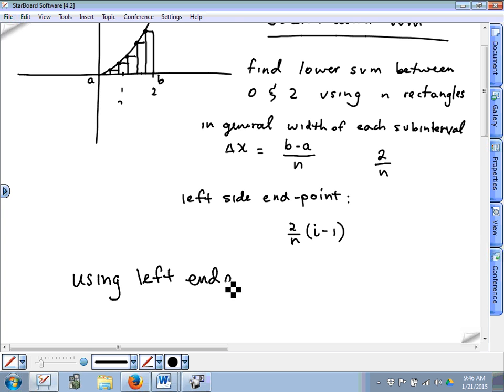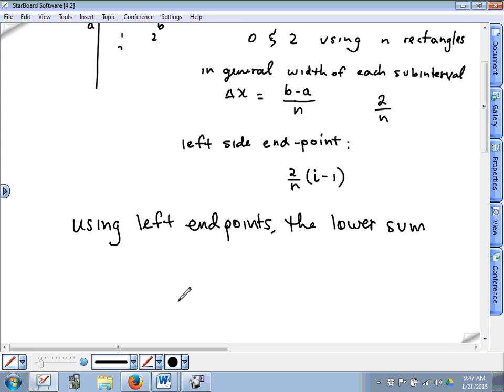Using left endpoints, the lower sum, we're going to use sigma notation. Now in the last example, we started from i equals 1 and we ended at 5 because there were 5 rectangles. How many rectangles here? n, so we're going from 1 to n.